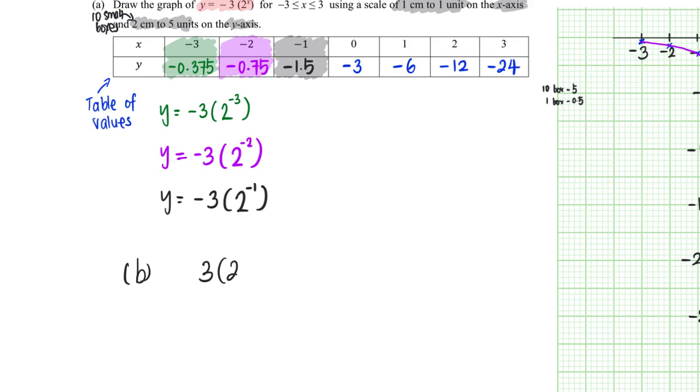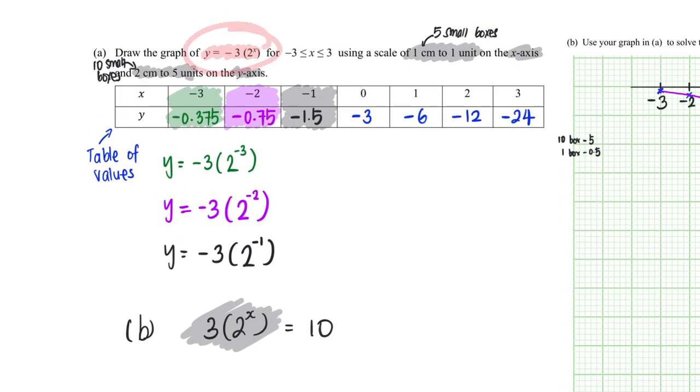We just need to make sure that this side here must look something like our graph that we have just drawn. Negative 3 times 2 power x. But in this case, for part B, we started off with positive 3 times 2 to the power of x.